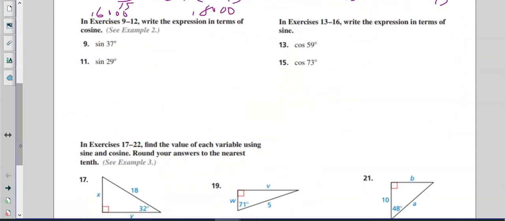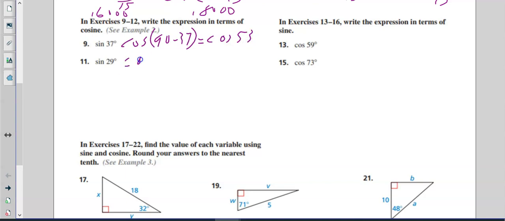All right, number 9. What is the sine of 37? Write the expression in terms of cosine. So the sine of 37 is the cosine of 90 minus 37, or in other words, cosine of 53.